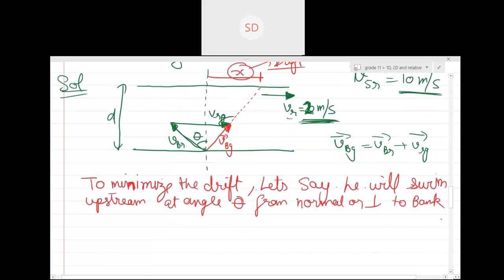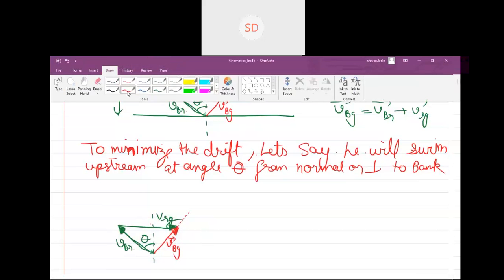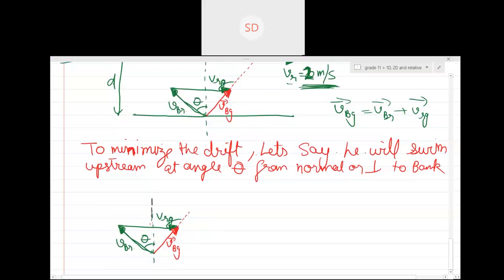Now see the velocity. VR is along that direction. This is the frame which I am choosing. This is my initial point.